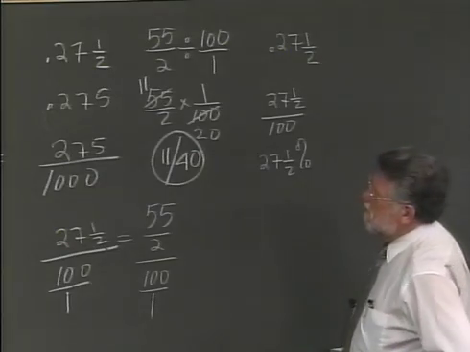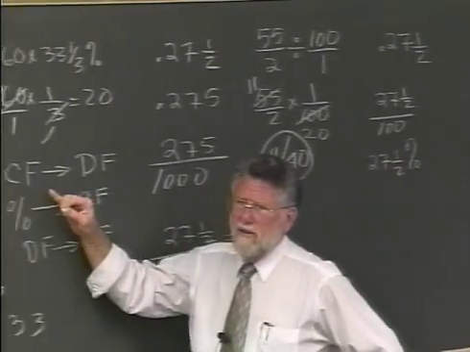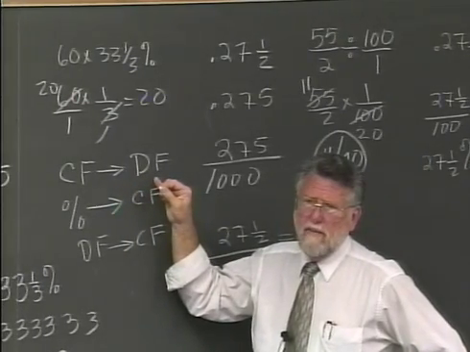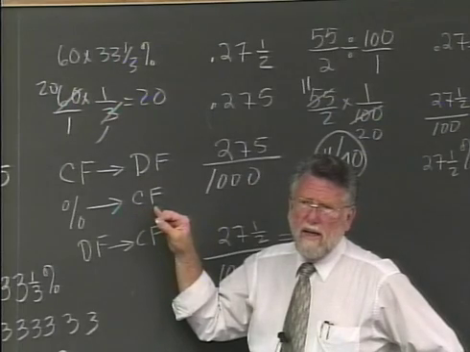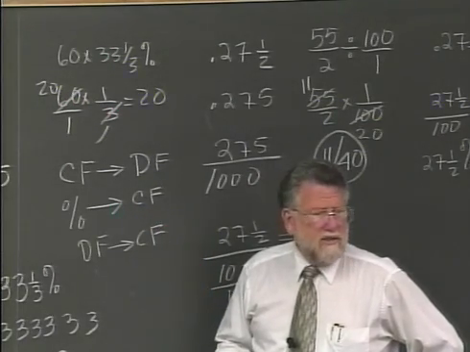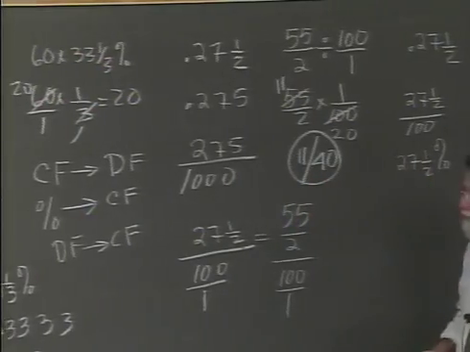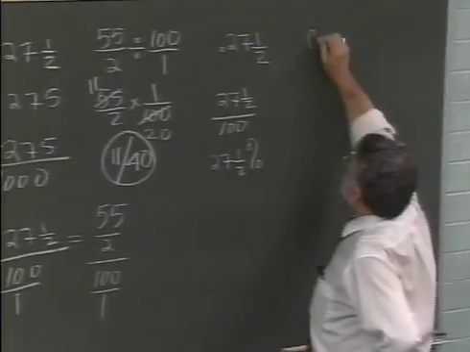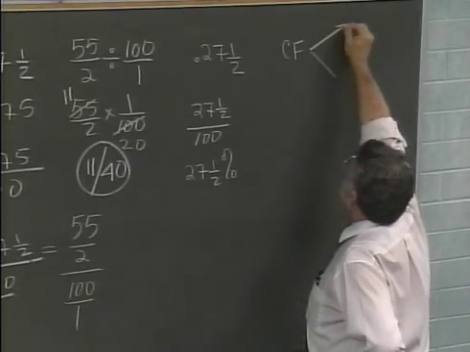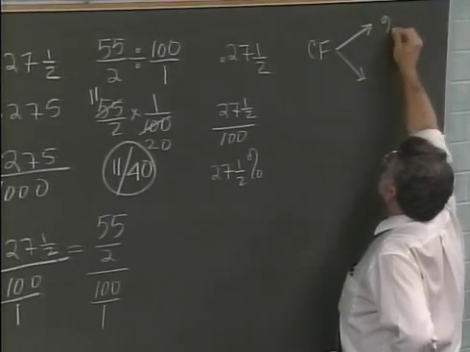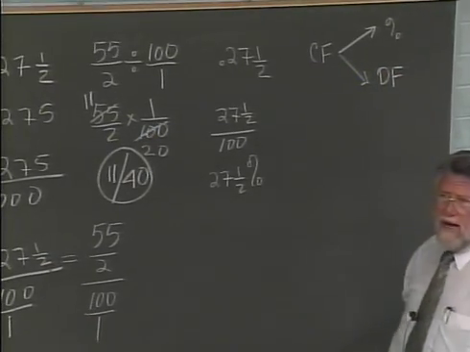If I start, let's slide over. If I start with a common fraction, I want you to be able to do what? Give me a decimal fraction. If I start with a percent, I want you to be able to give me a common fraction. Let me write this table in a little more complete way. So we'll slide back. If I start with a common, then you have to be able to give me what? Both. A percent and a decimal, which I'm calling DF for decimal fraction.